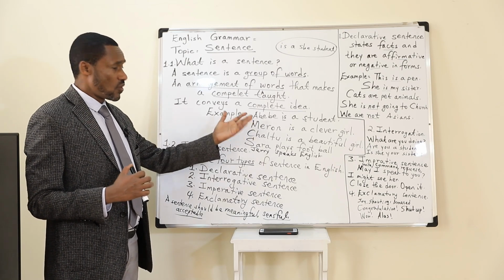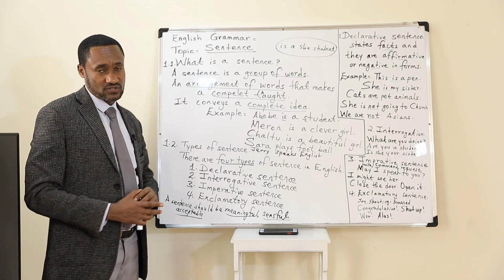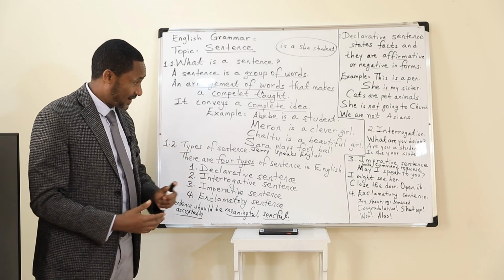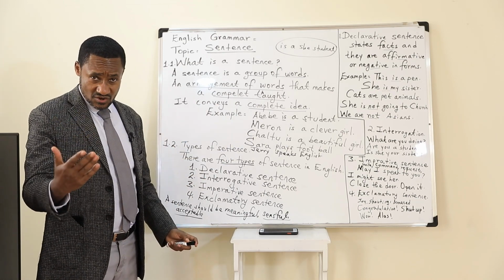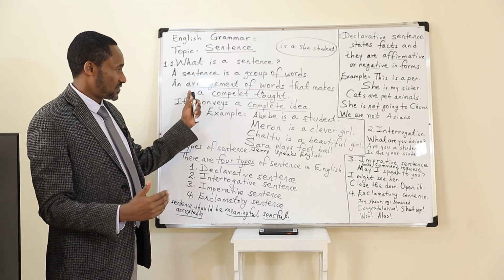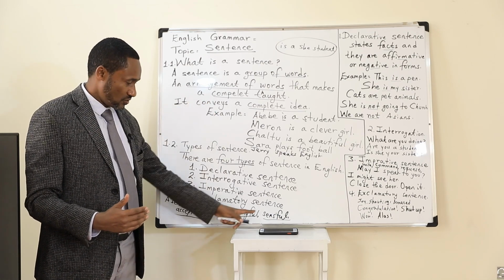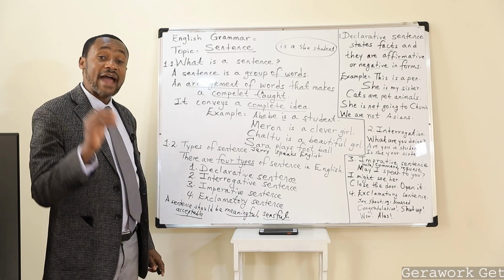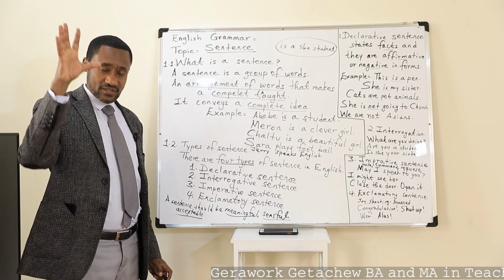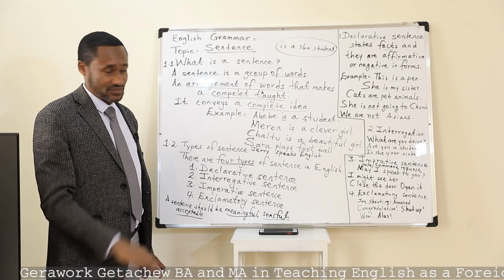If someone asks who Abebe is, you can easily say Abebe is a student. Abebe is not a teacher, not a manager, not an accountant, not a pilot, but Abebe is a student. A sentence is a group of words with an arrangement that makes a complete thought. It should be meaningful, sensible, and acceptable by the speaker and the listener of the language. If they are not going to accept that as a sentence, it's very difficult for us.